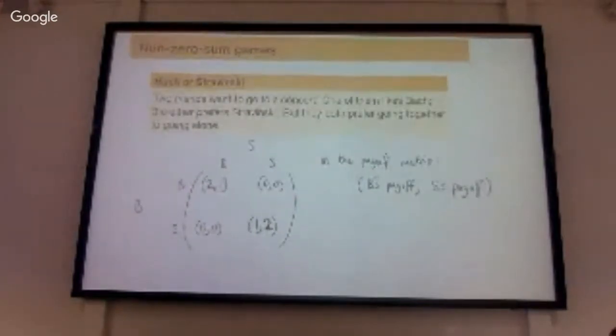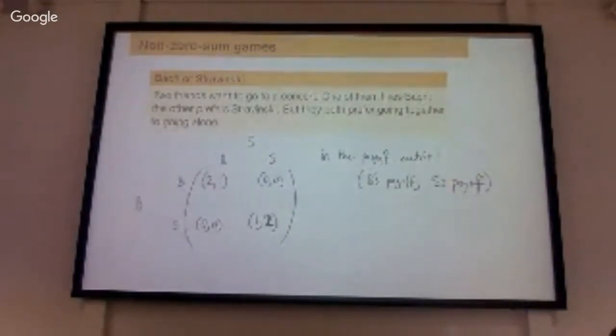Now, you've probably been able to deduce from what we've been doing here that what we really want to do when we see a game is to find at least one Nash equilibrium, or possibly all of them.